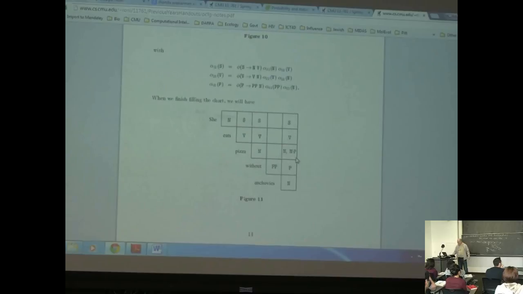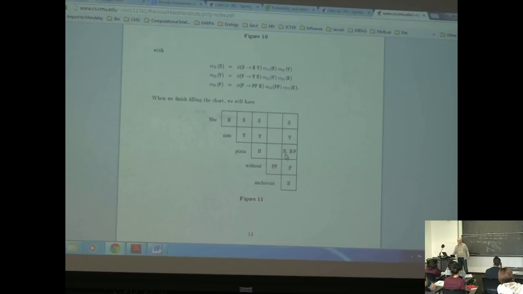And here is an example of a position that could be either a noun or a noun phrase. So this position corresponds to the fragment "pizza without anchovies," from position 3 to position 5. How could it be a noun? I don't know. Does anybody know why it could be a noun?